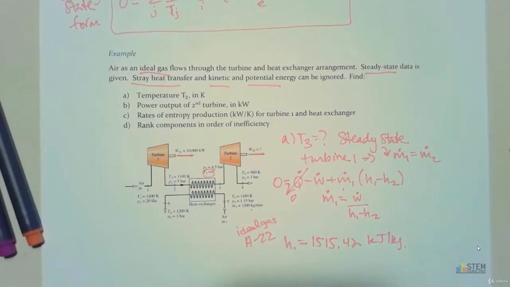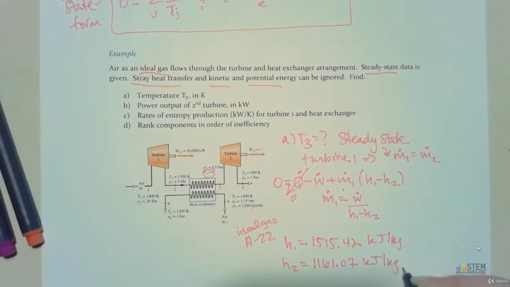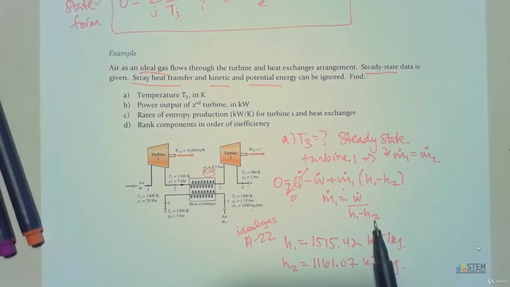That's the ideal gas table. H2, you do the same thing. We just now have a temperature of 1100. So that gives you an enthalpy of 1161.07 kilojoules per kilogram. So now we have that, and that gives us the denominator.